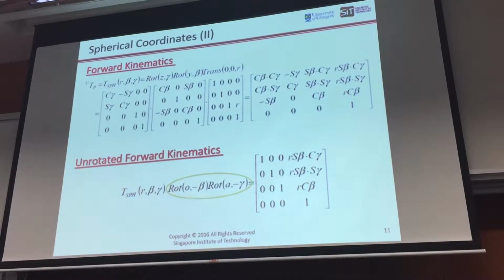Okay? When you do a so-called unrotation for spherical coordinates, yes, for your orientation you get the identity matrix. But if you look at your px, py, pz, it is a bit more complicated, right? But what we will do is the same thing.